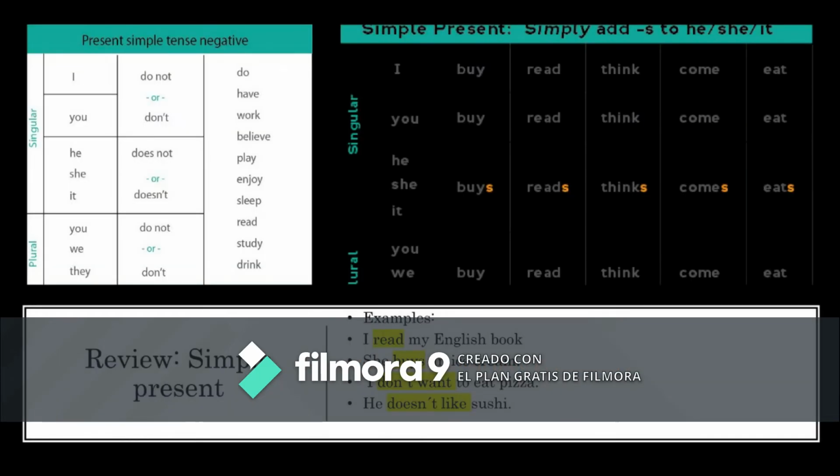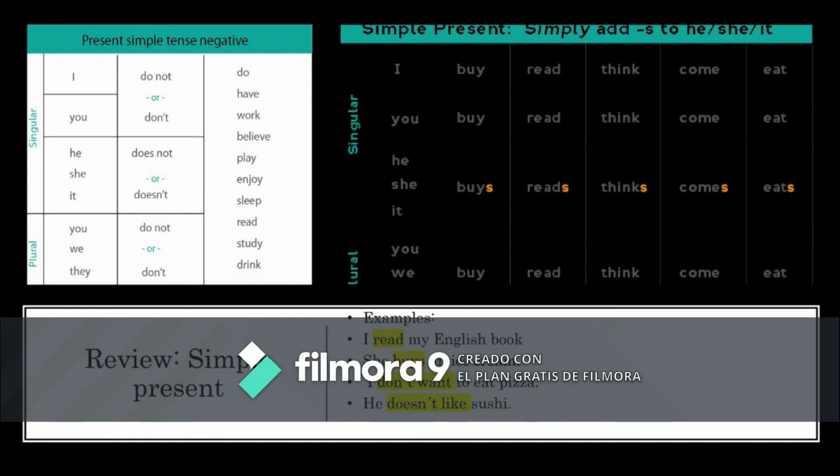Okay, now we're gonna do a little review about simple present, right? Remember when we are talking about simple present, we need to follow the next structure. First, when we are talking about affirmative statements, we need to use the subject or the pronoun plus the verb in the base form.